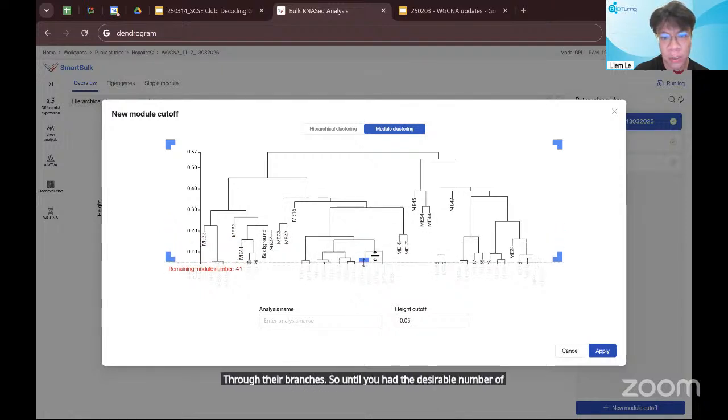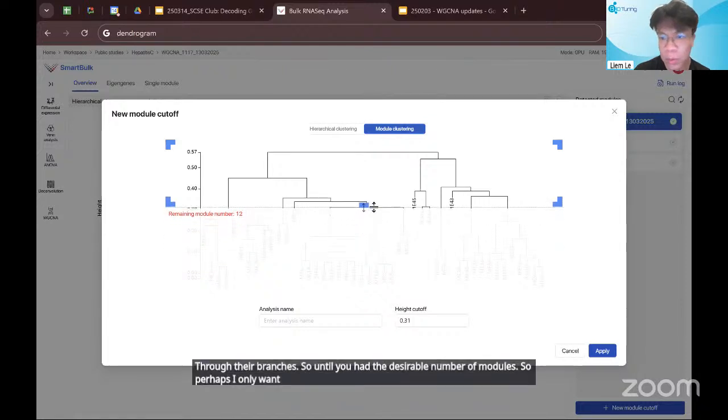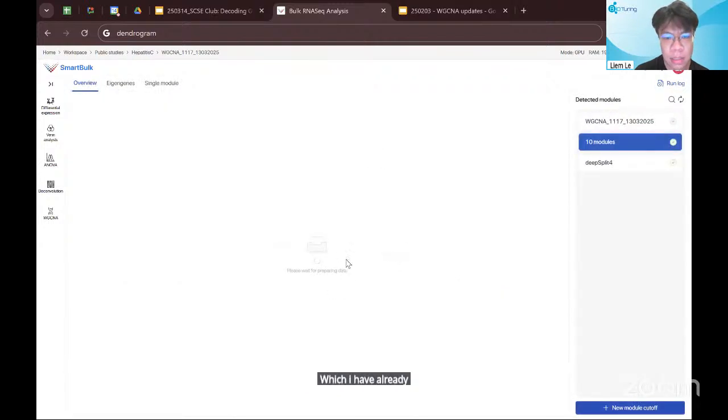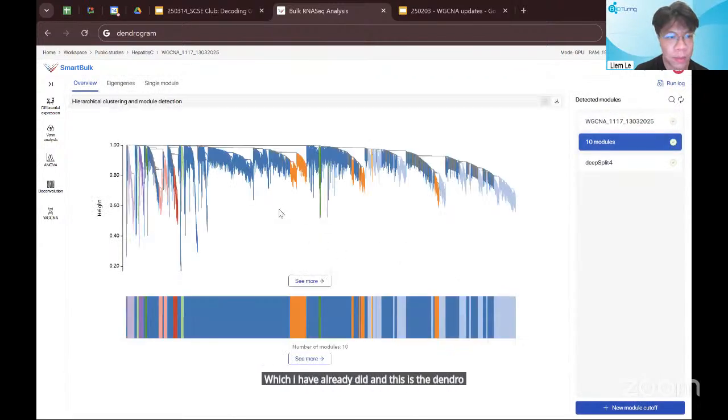So perhaps I only want 10 modules or group of genes in my dataset. I will set the threshold to this height and click on apply, which I have already done. And this is the dendrogram that I was left with. So I guess we will stick with this for further analysis. So now we are only left with 10 modules.